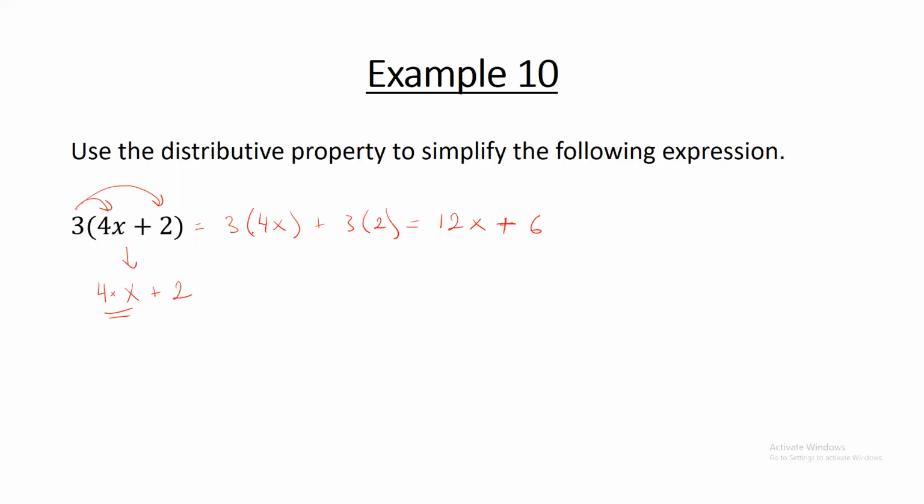Notice that here I could multiply 3 by 4. The 4 is not really attached to the x that hard, because what you really have is 3 times 4 times x. Here, your operations are all multiplication, and the order doesn't matter. Nothing's preventing us from doing 3 times 4 first, and then worrying about the x later.